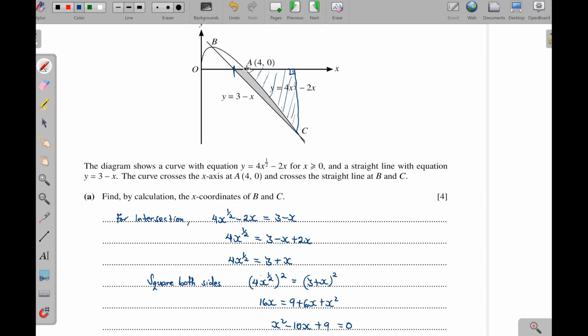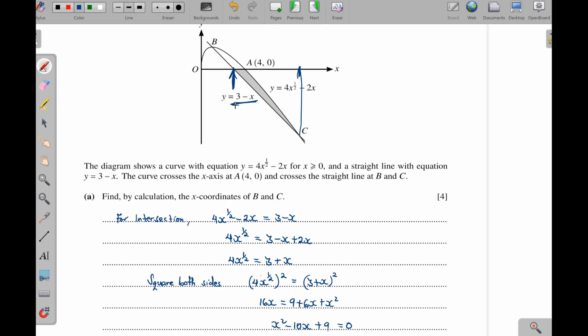So we are integrating for the area of the curve, from this 4 here to this x coordinate here, which is a 9. Now we need to know where this line intersects the x-axis.